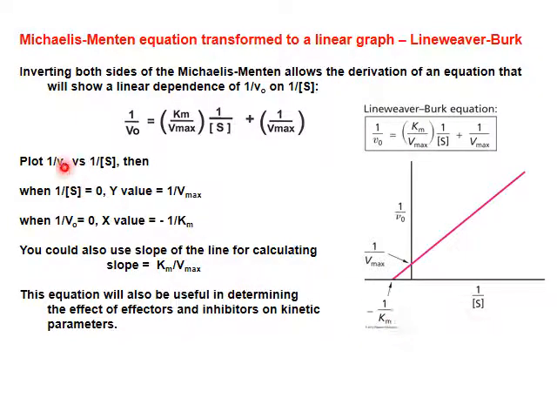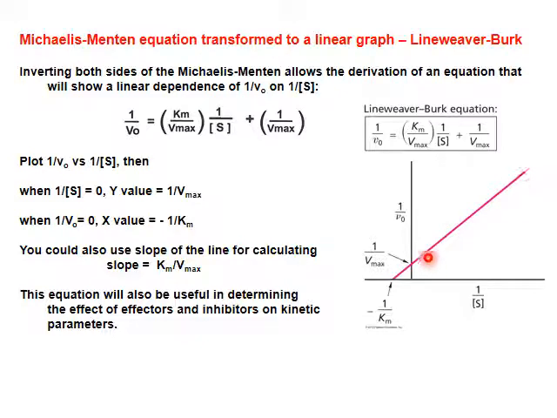If you plot 1 over the concentration of S against 1 over your initial velocity, your data points will all be in this area, and there'll be a couple of points here, but the spacing will be different. You saw the nice even spacing in the Michaelis-Menten plots. These will space out differently because you're dividing by S. So the smaller the value of S, the bigger 1 over S will be.